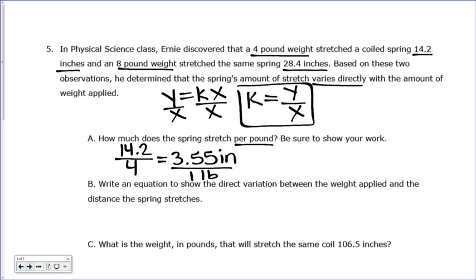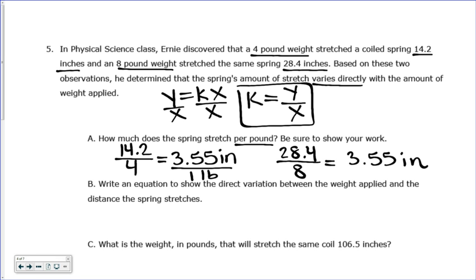Let's check. They told us that it varies directly, but we need to double check that the second one works as well. So we're going to say that 28.4 inches for 8 pounds. And if you work that out, you will get 3.55 inches.